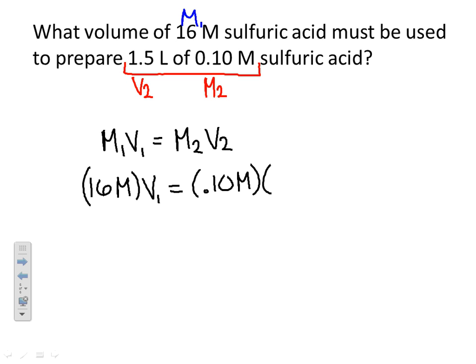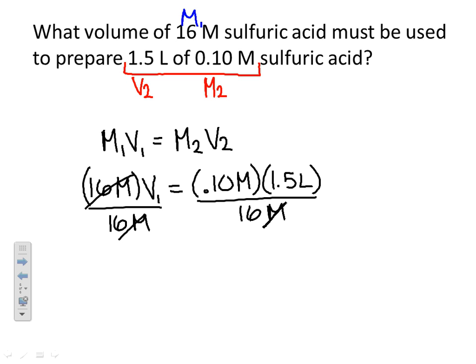You can leave it in liters. You can convert it to milliliters if you want. It doesn't matter. Let's just leave it in liters. Okay. So we're going to solve for V1 by dividing everything by 16 molar. And you can see here that the molarities cancel and you're left with liters.